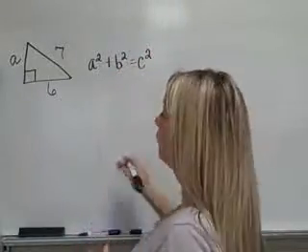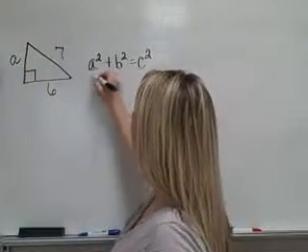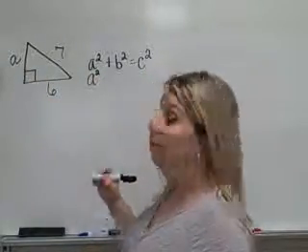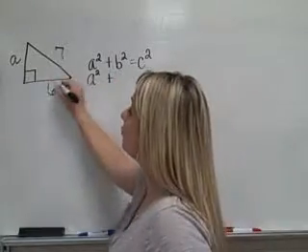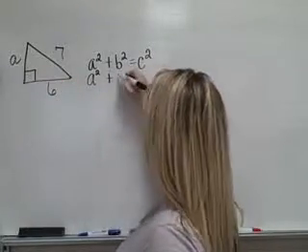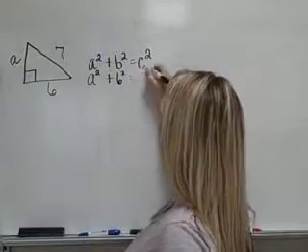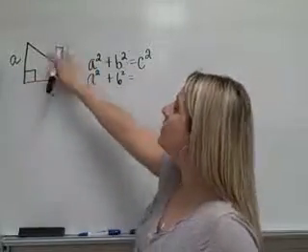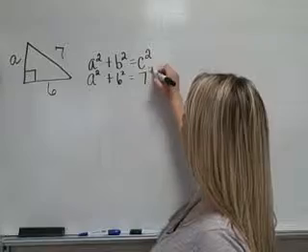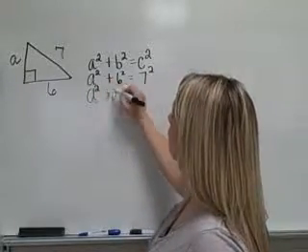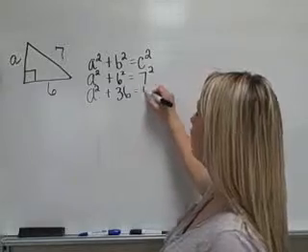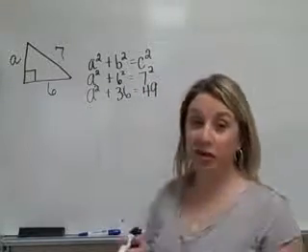Fill in the information that we know. We don't know the length of A, so we'll just call it a squared. We do know that b is going to be 6. This is the other leg because it meets at the right angle. 6 squared. And then c is always the side opposite the right angle, 7 squared. Now, this would be a squared plus 36 equals 49 if we do the squaring.